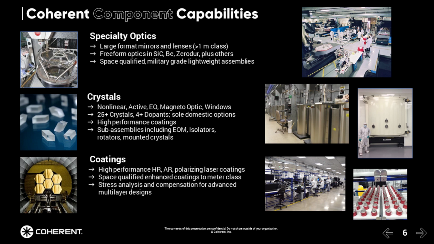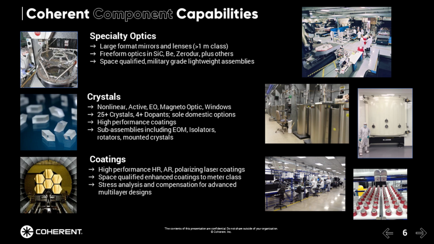First of all is our specialty optics manufacturing facility, which is in Richmond, California. And there we can manufacture large format optics and mirrors and lenses over meter class in diameter. And those can be free-form optics, so really arbitrary shapes in materials like silicon carbide, beryllium, Zerodur, and basically any other typical optical material that's used in today's modern optical systems.